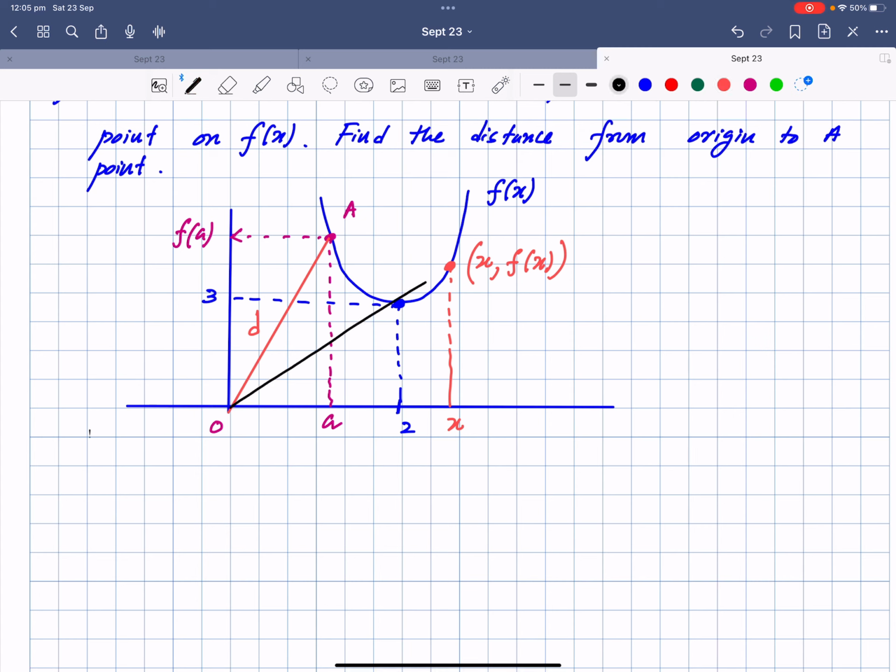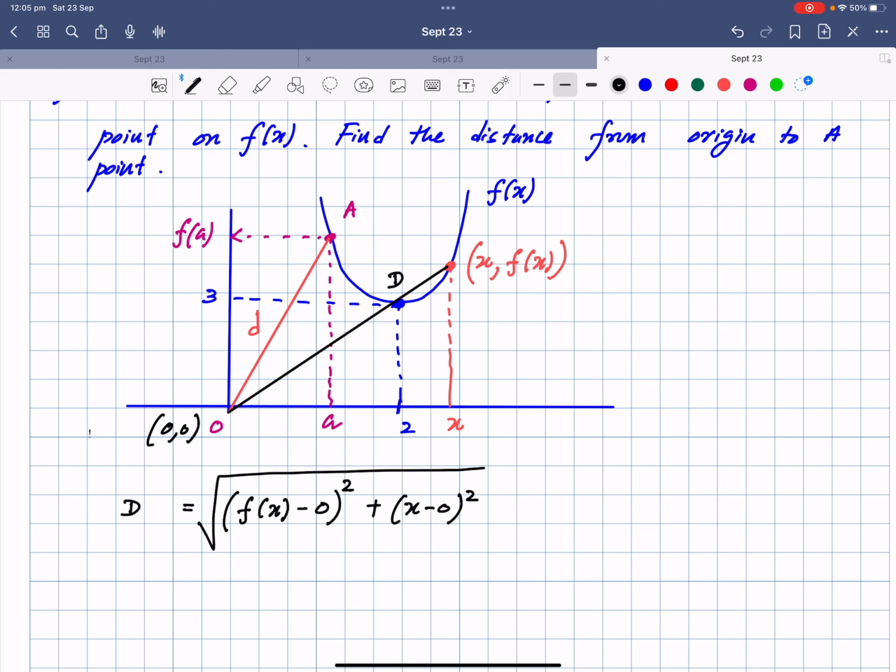So I'm going to firstly find this distance, which I would call capital D. Now you can see capital D is equal to, using the distance formula, the square root of the y difference, f(x) minus 0, squared, since the origin is (0, 0), plus x minus 0, squared.